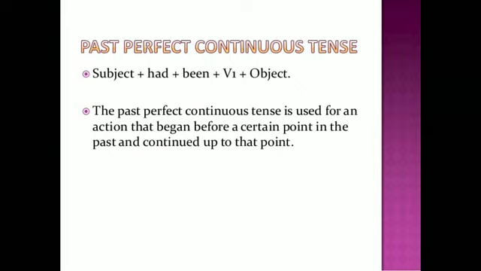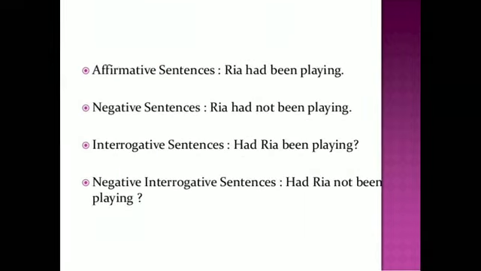In negative sentence, not is put between had been. So just make it sure. Let's go with the example. In affirmative sentence, Ria had been playing. In negative sentence, Ria had not been playing. In interrogative sentence, had Ria been playing? After then in negative interrogative sentence, had Ria not been playing?